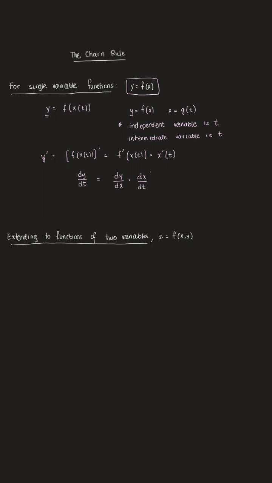And so this dx dt is our x prime of t, and dy dx is f prime of x. So just a different way of denoting the chain rule, which is really useful for us. So finally, I said the independent variable is t. Our intermediary variable is x, and our dependent variable here is y.